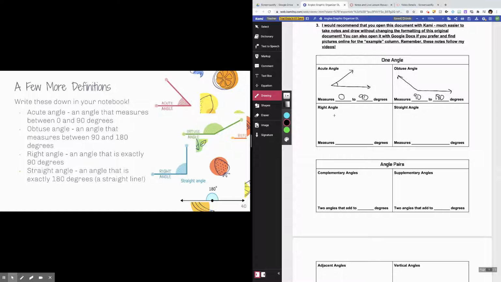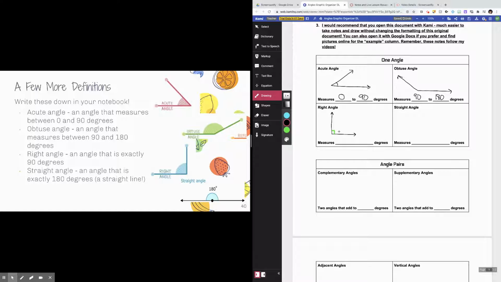Okay, so a right angle, and I'm going to do my very best to draw this. Okay, a right angle measures exactly 90 degrees. And the way that you can tell is there will often be this little square, which I have drawn in green on the right-hand side here.